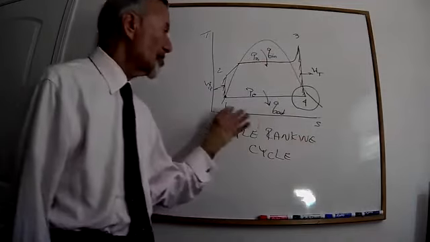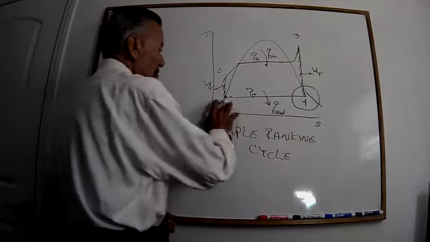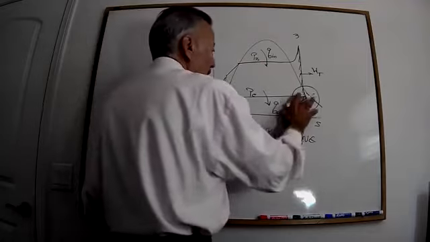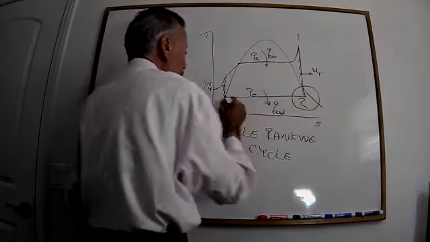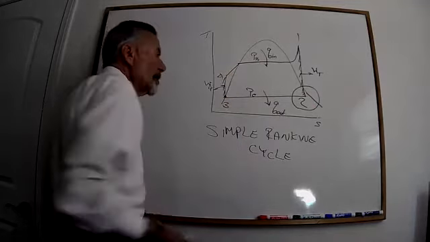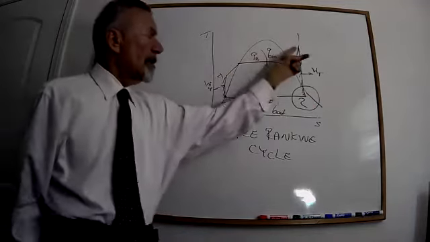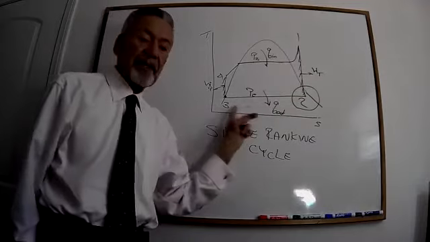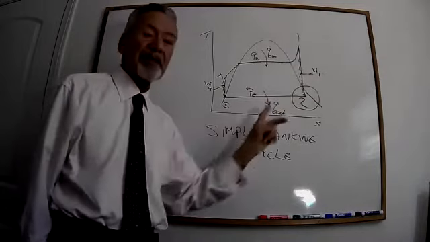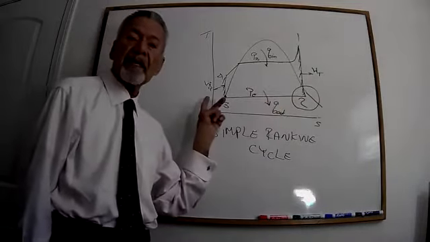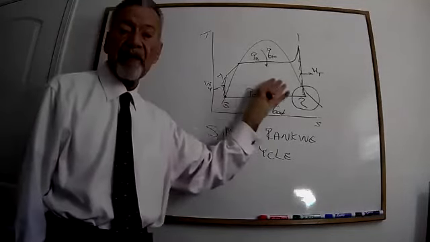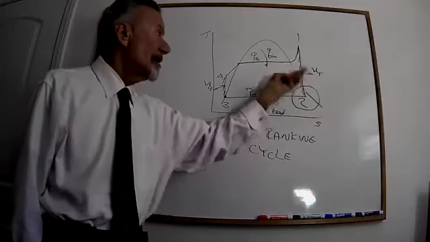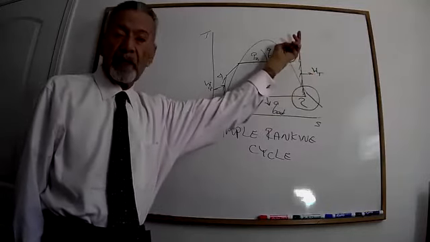So do not change points, like, do not do this. A couple of people did that, putting 1, 2, 3, 4. If you do this, it does not match what the problem states. When the problem states that at the end of the boiler we have a temperature of 300 degrees, that's not point 1.